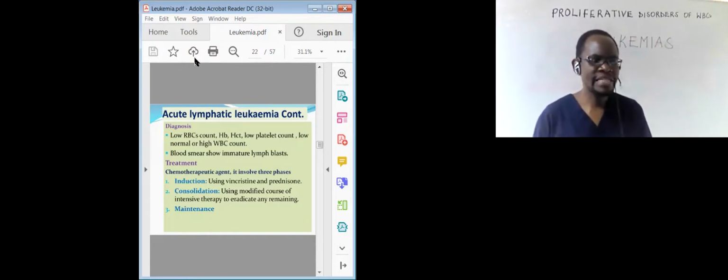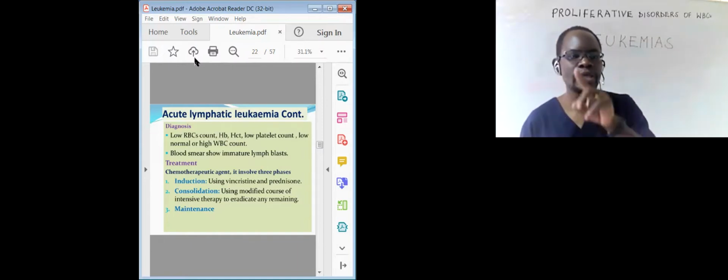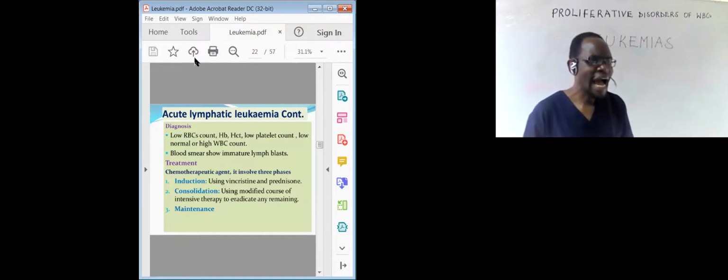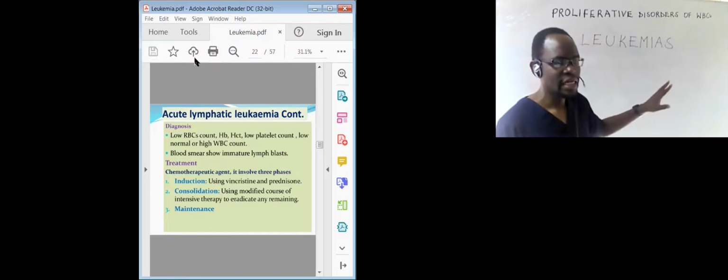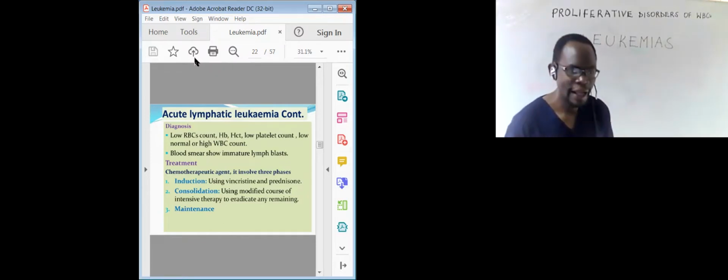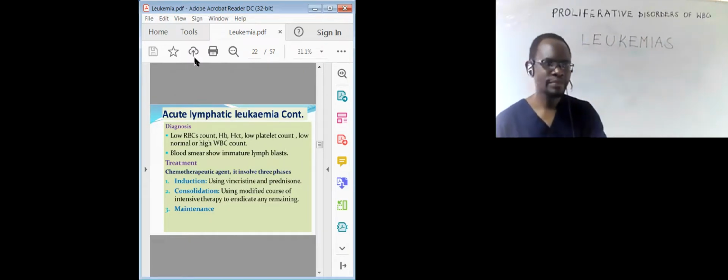Now I want you to find out the normal numbers of red blood cells, the normal HB, the normal platelet count. Please find out that. And also, in blood we see immature lymphoblasts.